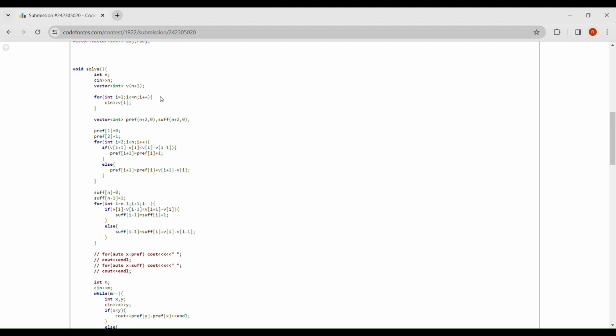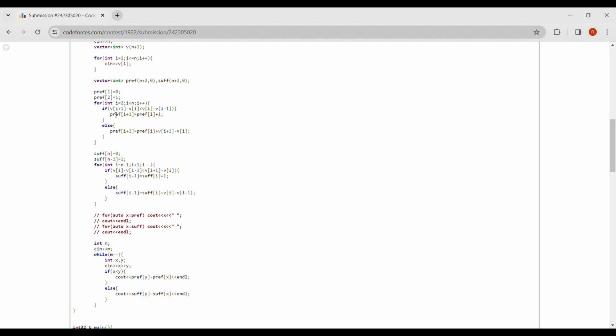coins we need to pay to move from the first city to next cities, like first city to second city, second city to third city, third to fourth. But in this prefix, what we are storing is how many coins we are required to pay to travel from one city to the rest of the cities.